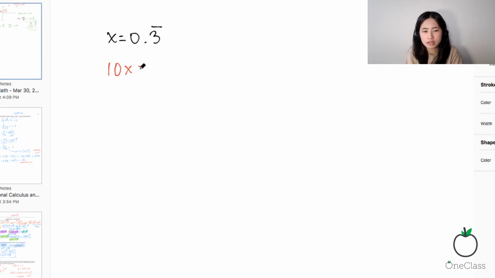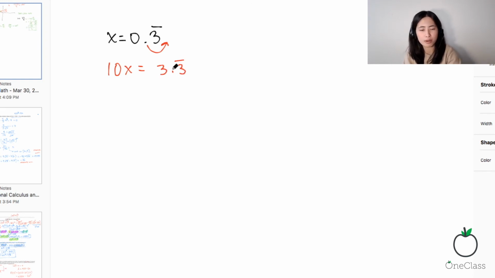So 10x is equal to, multiplying by 10 moves your decimal point to the right once, because you only have one zero, that's one decimal place value. So that turns it into 3.3, because we know this 3 is repeating.